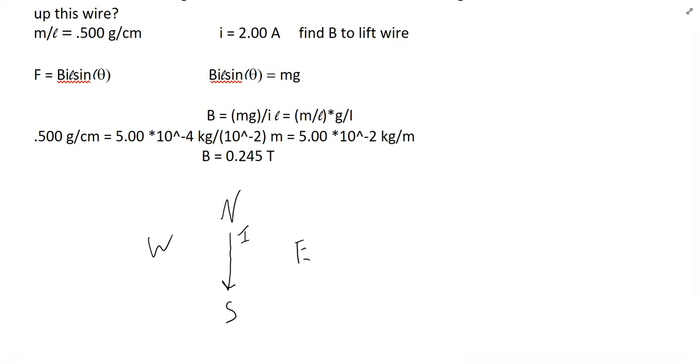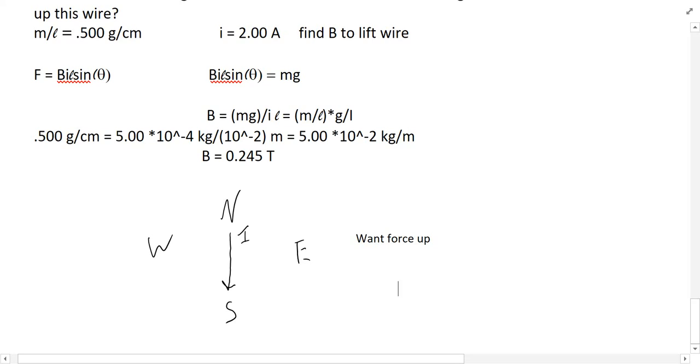In the perspective that we're drawing this, an upward force would be out of your screen. So we want to cancel gravity, so we want force up. Normally with the right-hand rule, you point your fingers in the direction of the current, and you curl them or point your palm in the direction of the magnetic field, and then your thumb points in the direction of the force. Well, this time we know the current and the force.